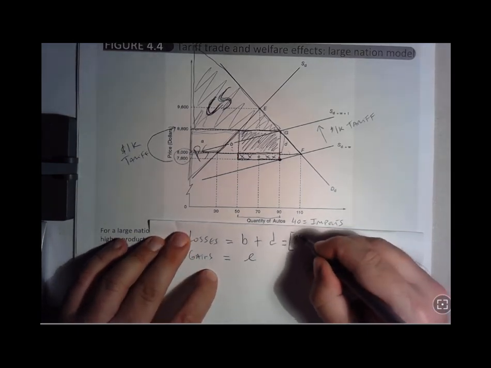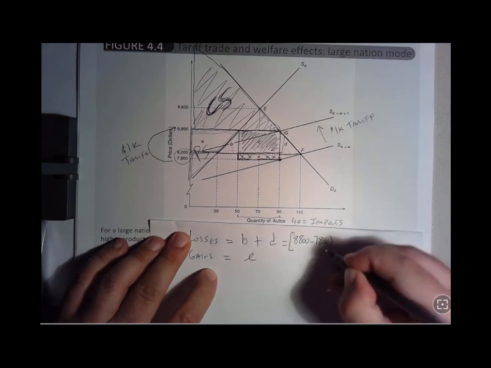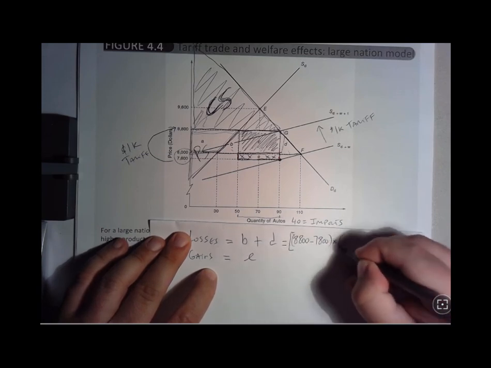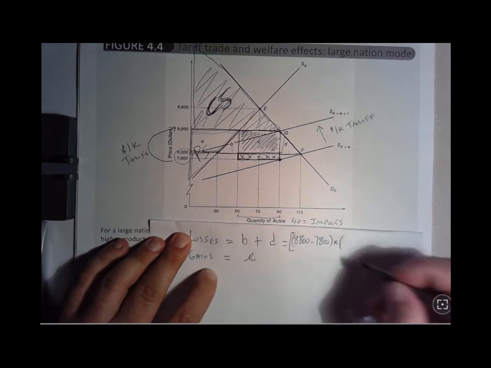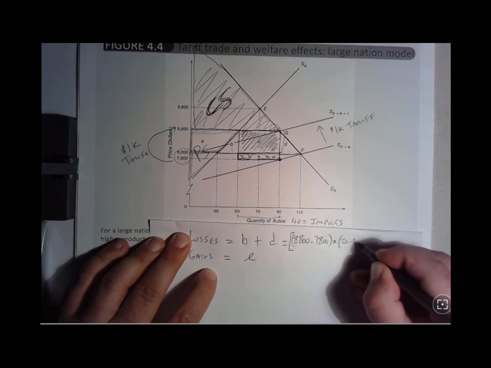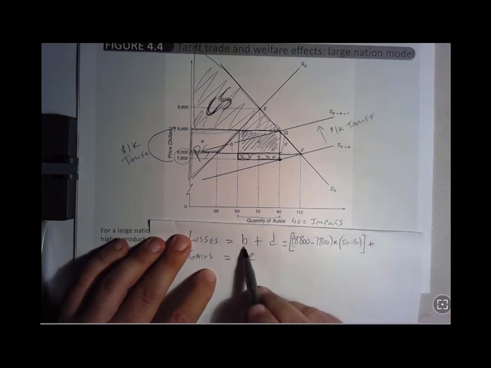Area B is 8,800 minus 7,800 times the amount that production increased, so 50 minus 30. That's the protective effect.